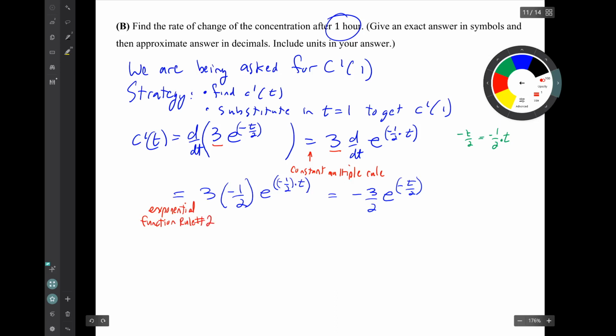So there, we used exponential function rule number 2 to replace this expression with this expression. The derivative of e to the kx is k e to the kx. And then we simplified. So there's our derivative result. It's this. So now we have to substitute in t equals 1.